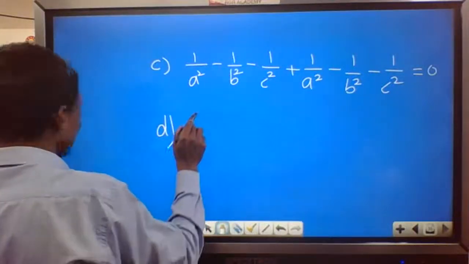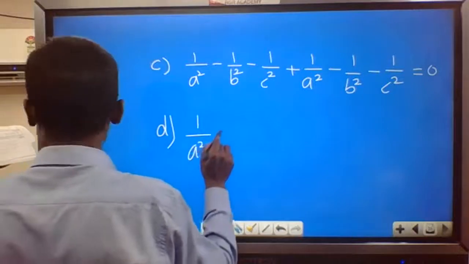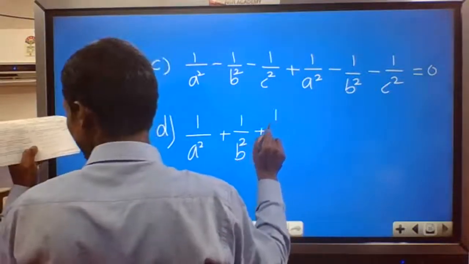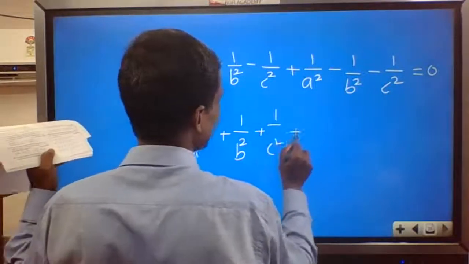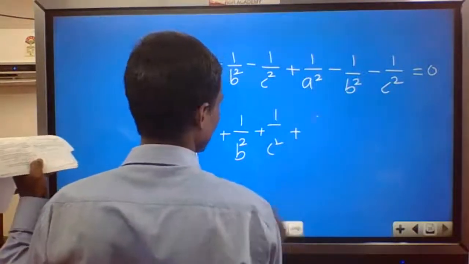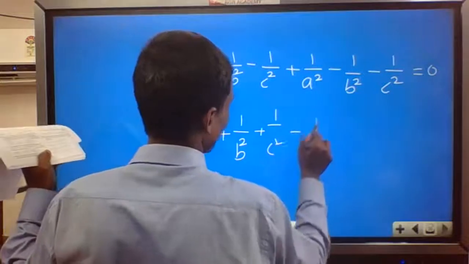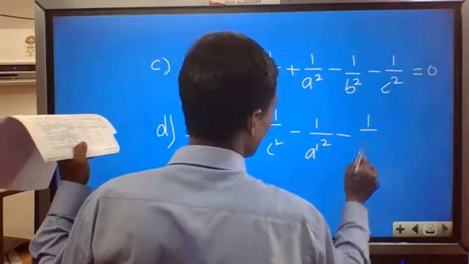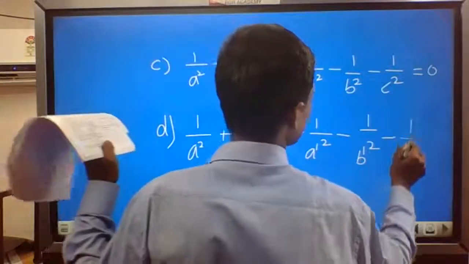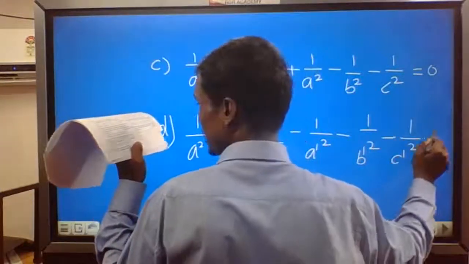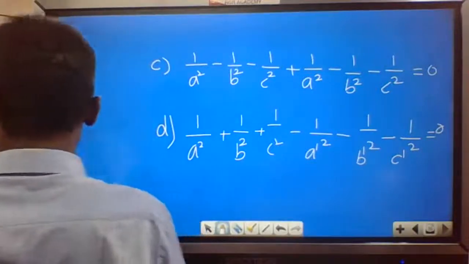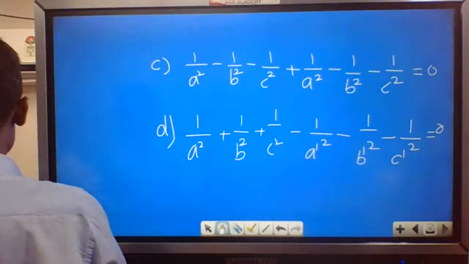Option D: 1 by A square, 1 by B square, 1 by C square, 1 by A prime square minus 1 by B prime square minus 1 by C prime square equal to zero.